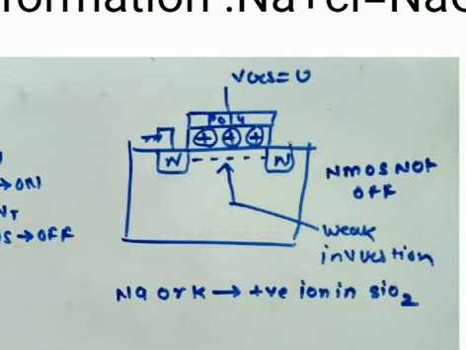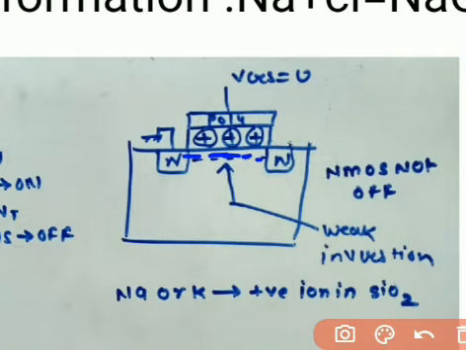So in the ideal condition, if we do not apply gate voltage, then there should be no formation of channel. But what happens when there is a problem of impurity present inside the oxide? So this impurity, which is positive in nature, will form a negative layer of electrons in this region of channel. So instead of no channel formation, there is a channel formation.